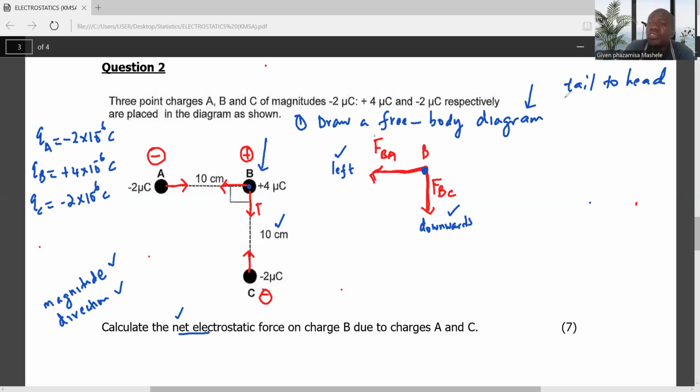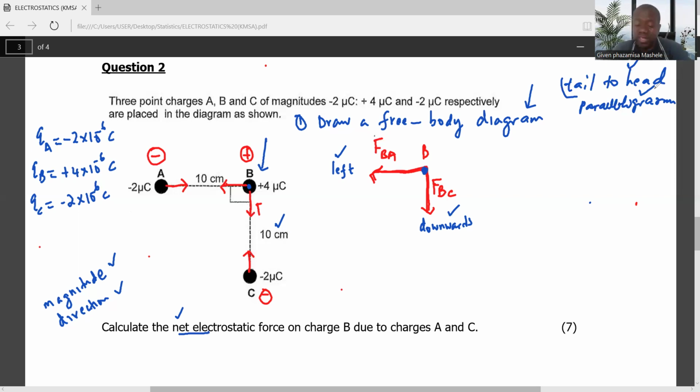If we are not using the tail-to-head method, we can use the parallelogram approach, where you use tail-to-tail. One of these, either tail-to-head or tail-to-tail, to construct this.